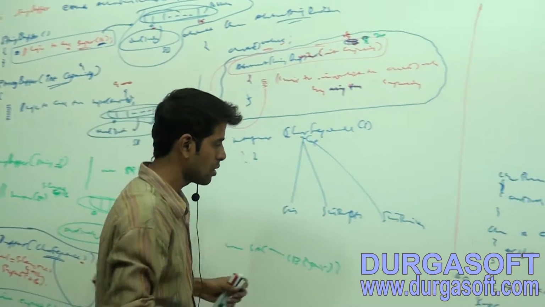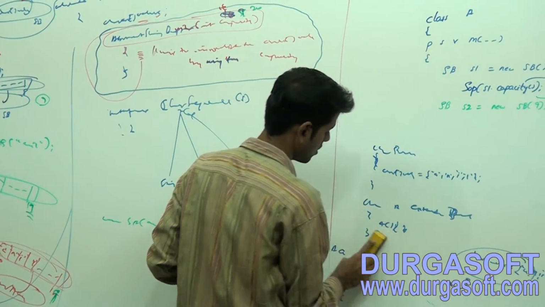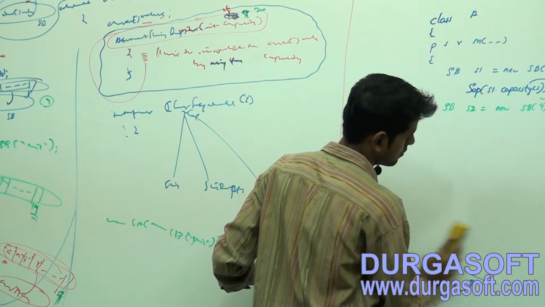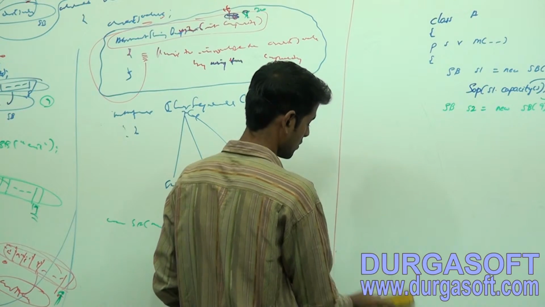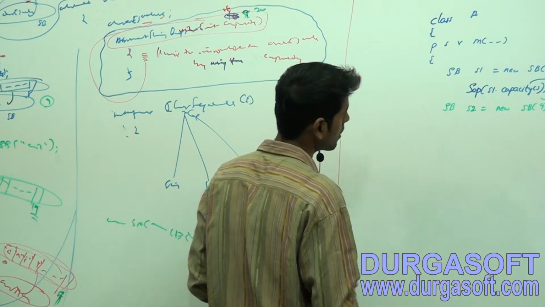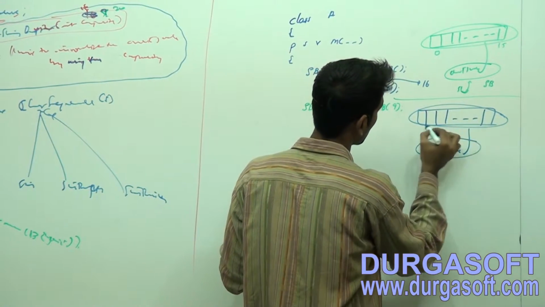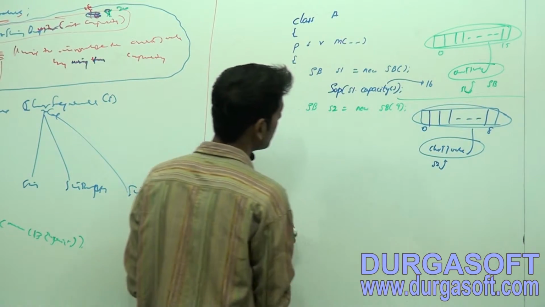Now observe here. It will have how many blocks? 9 blocks, 0 to 8.